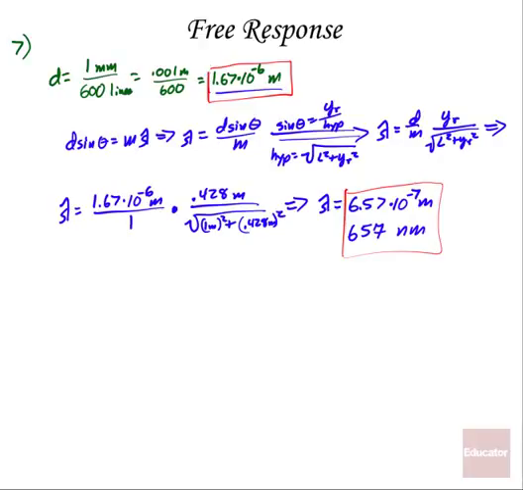Moving on to part B, I'm going to switch to another screen here because this will take a little bit of math. Part 7b talks about the Bohr model and energy levels, and what we're trying to find now is the value for n for the initial level of the transition.